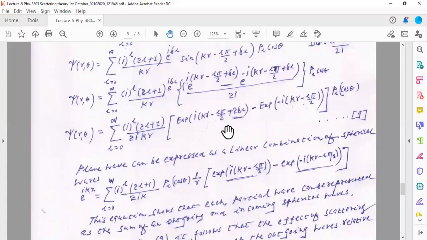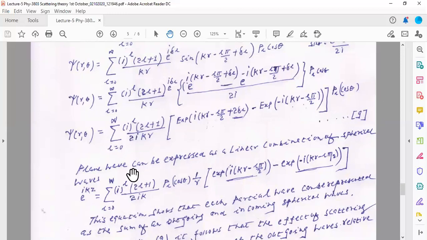What this indicates, please remember, is a very important concept which we want to understand here: the plane wave can be expressed as a linear combination of spherical waves. This is the result number 9 which we have obtained.